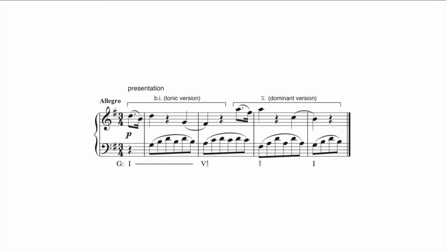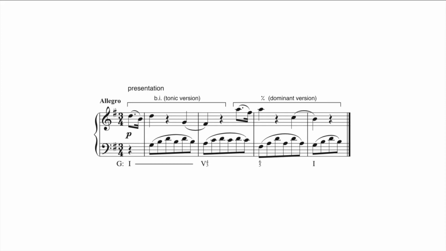In this presentation, on the contrary, the basic idea is stated first over a progression that leads from tonic to dominant, and then over a progression that leads back from dominant to tonic. Both examples exhibit a harmonic stability suitable to a beginning by emphasizing tonic harmony.